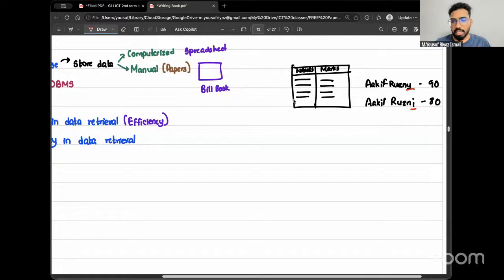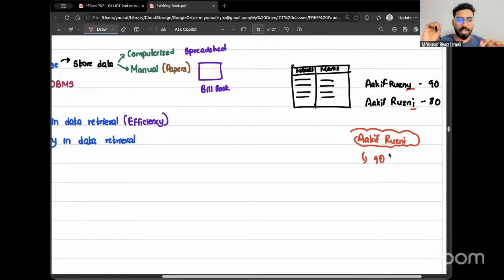I'm not saying it will definitely happen, but are there possibilities that when you go through, let's say you have a book with all the names and all the marks, and you go through it row by row, one by one, and find the marks, and this student called Akif Ruzni comes with these spellings, that by mistake you might give the wrong marks, for this person as 90? Is it possible to happen?